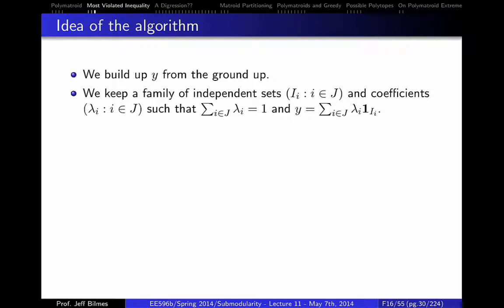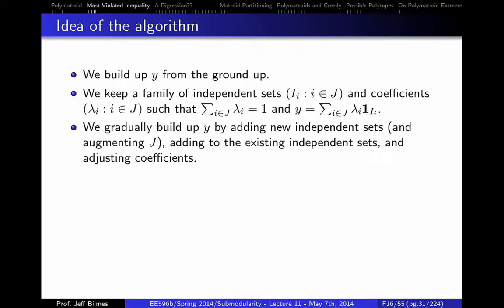Each independent set of the matroid has a coefficient, lambda, and Y is a convex combination of characteristic vectors of the independent sets of the matroid. Convex combination means that the lambdas are non-negative and sum to 1.